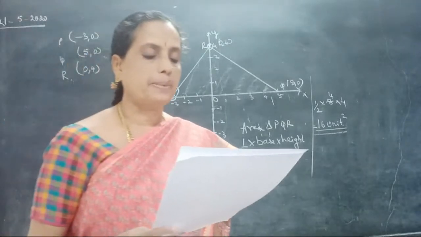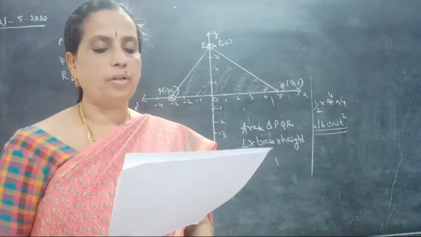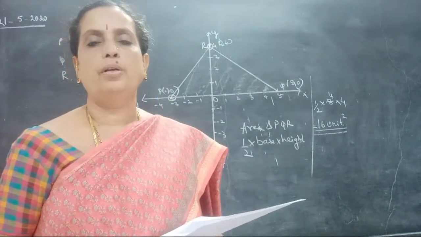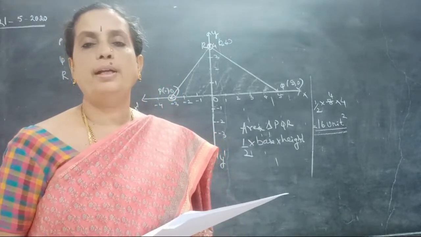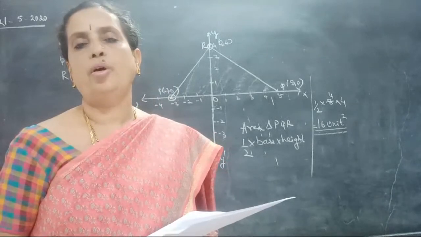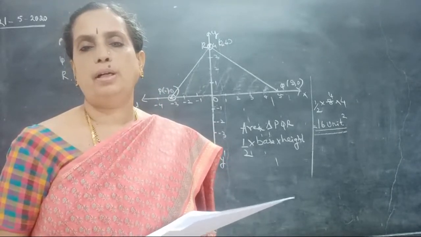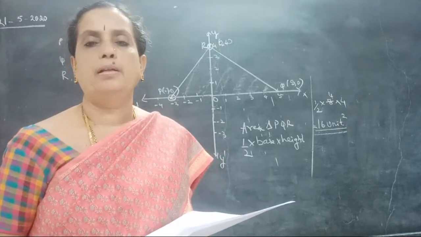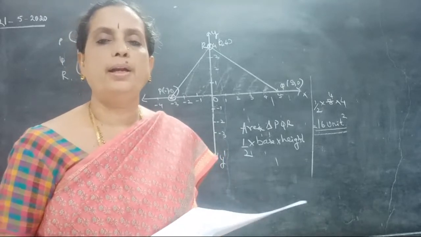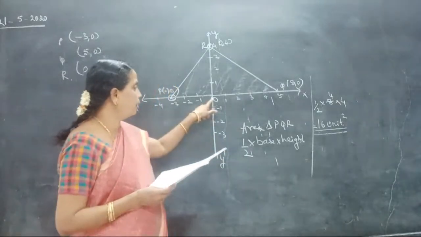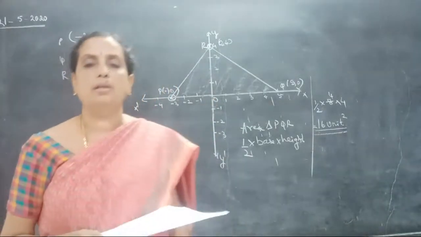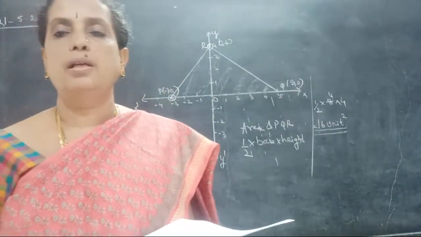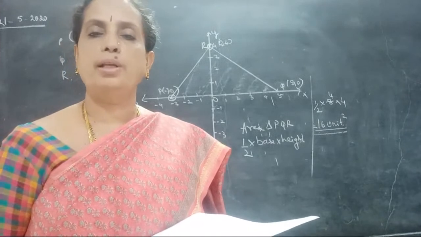Then the abscissa and ordinate of the origin are: the x coordinate and y coordinate at the origin are what? We say it is (0, 0).